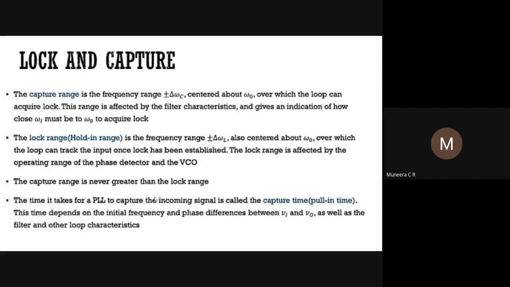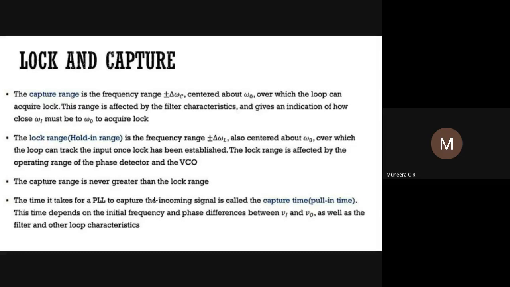While the lock range, or hold-in range, is the frequency range plus or minus omega L centered about omega 0 over which the loop can track the input once lock has been established. The lock range is affected by the operating range of the phase detector and the VCO.